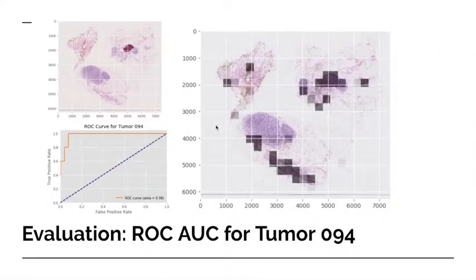On this one, surprisingly, we actually get almost 100%. And the reason why this one might have gotten this performance is because there are actually very few ground truth cancer regions in our test data.